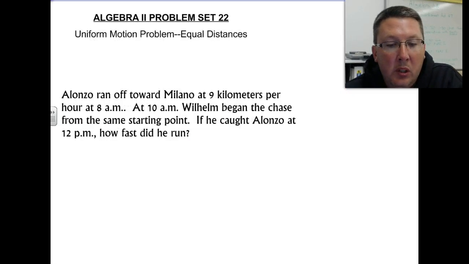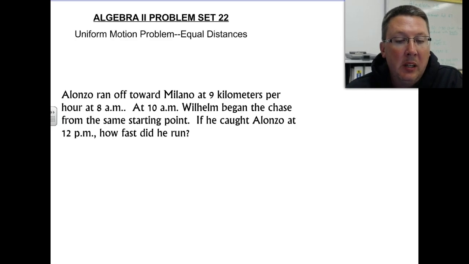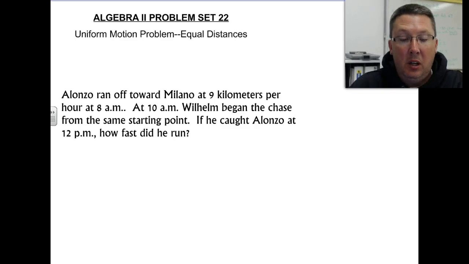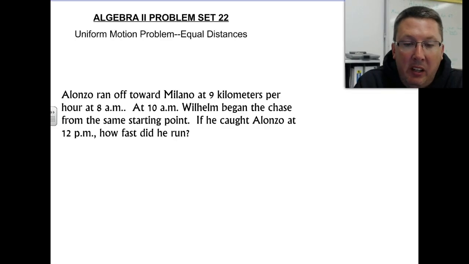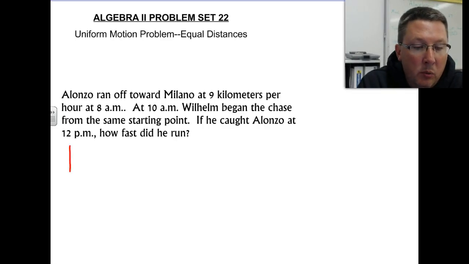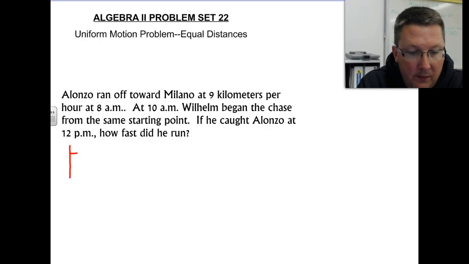Alonzo ran off toward Milano at 9 kilometers per hour at 8 a.m. At 10 a.m., Wilhelm began the chase from the same starting point. If he caught Alonzo at 12 p.m., how fast did he run? All right, so let's start with our picture. We have Alonzo. He took off running towards Milano.